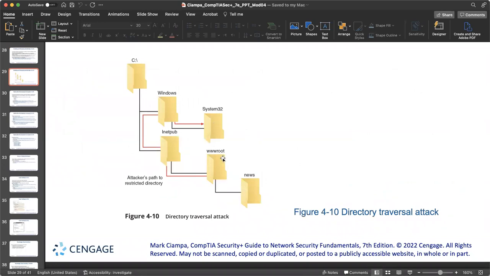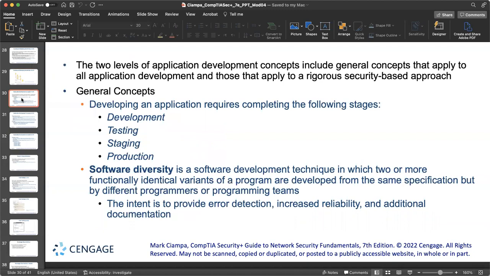What you see over here is the access we were discussing. If I have access to this folder, I'm going to have access to whatever comes underneath that, subdirectories. So through directory traversal from here, I can go up to Windows and from there to Win32 and compromise everything in Win32, which is called a traversal attack.